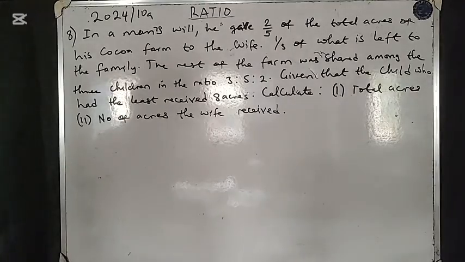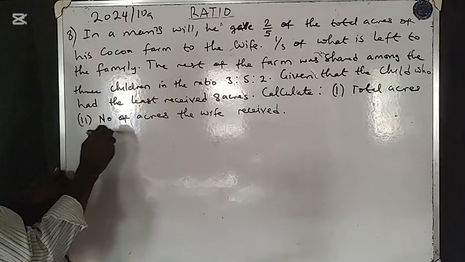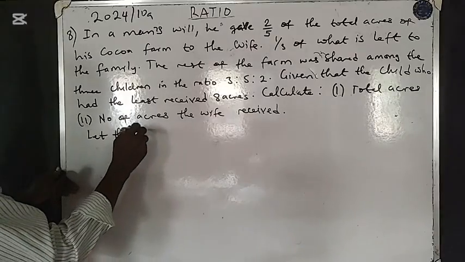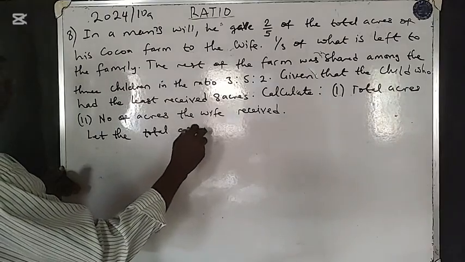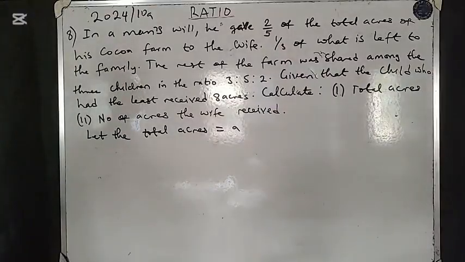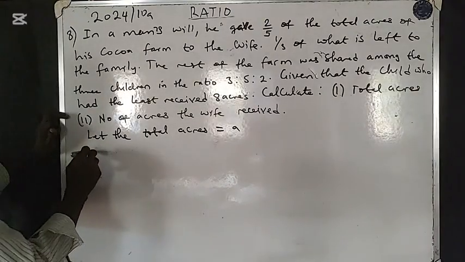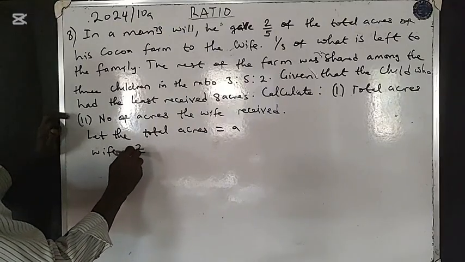Do we know the total acres of the farm? We don't know. Let the total acres equal A. Then, wife got 2/5.